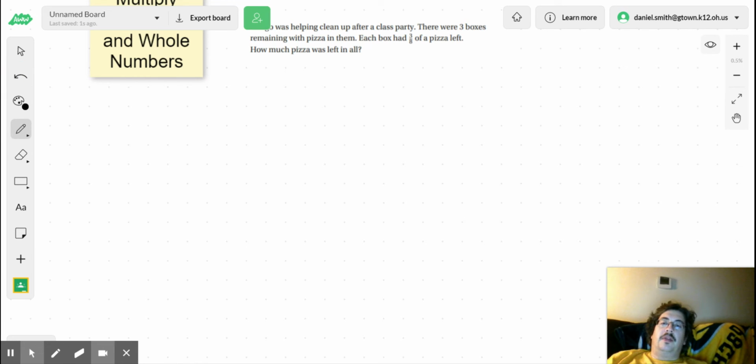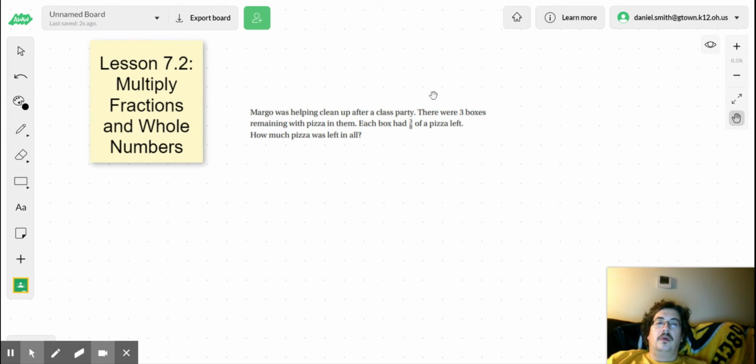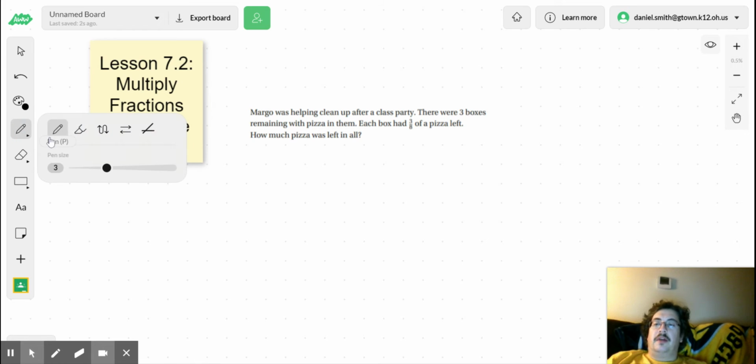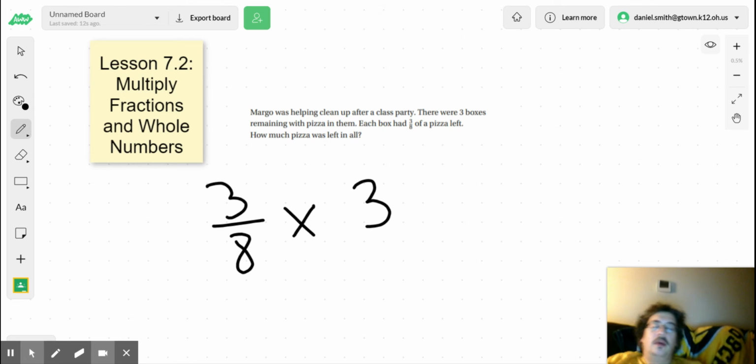But another way we can think about this is by multiplying the 3 boxes that are left by the 3/8 amount of pizza left in each box. So I have some options on how to multiply 3/8 by 3 as well.